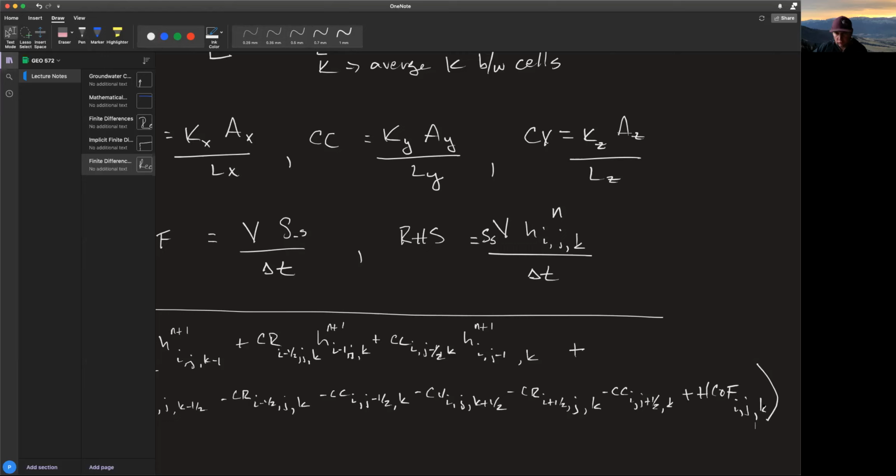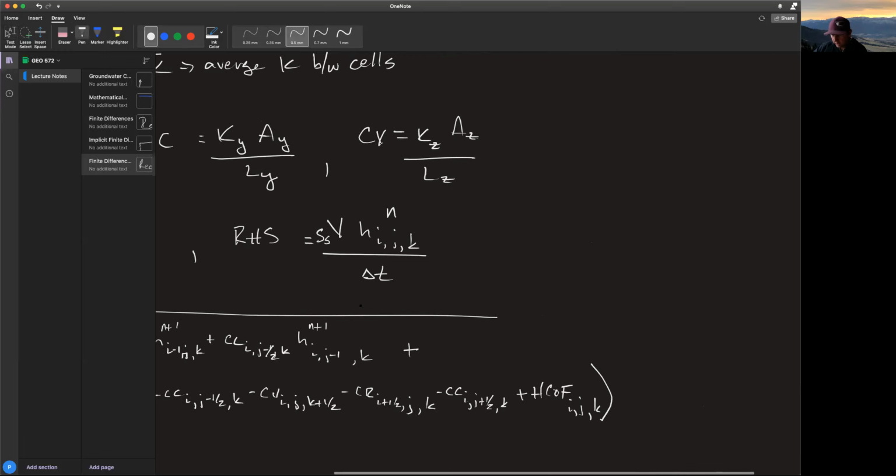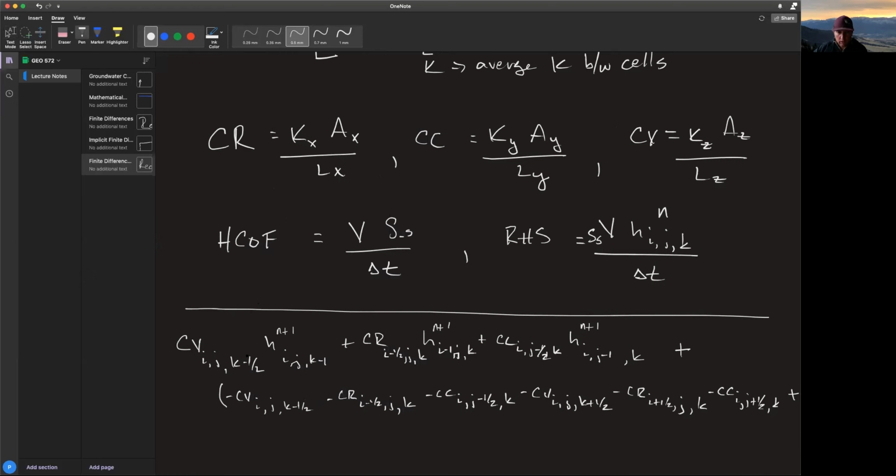All right, this whole parentheses, this whole term here is multiplied by h i j k to the n plus 1. All right, so you can think about it this way. These are all the minus terms, times hk minus 1, times hi minus 1, times hj minus 1.